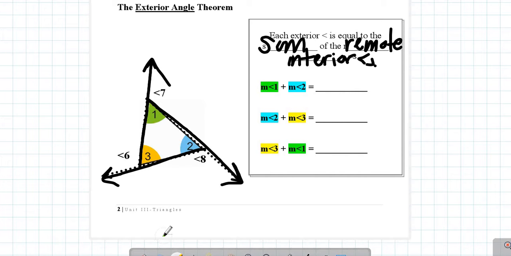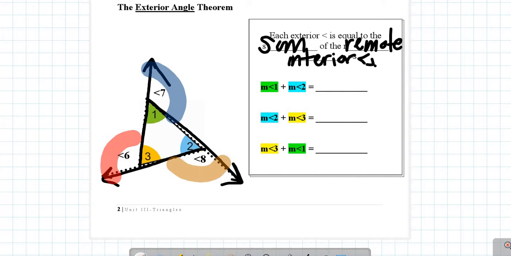These three angles, angle 6, angle 7, and angle 8, those are called exterior angles.